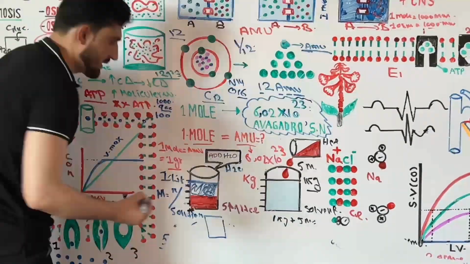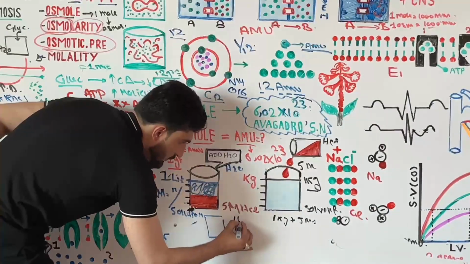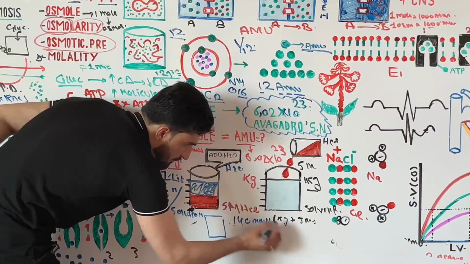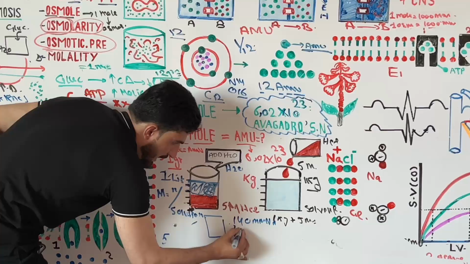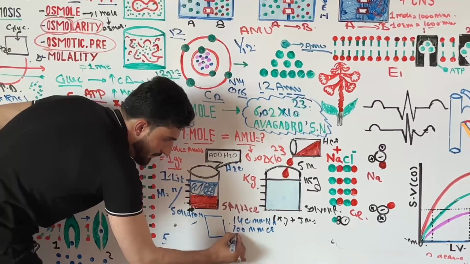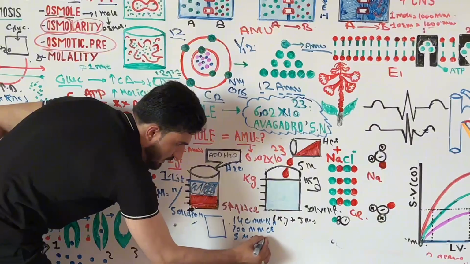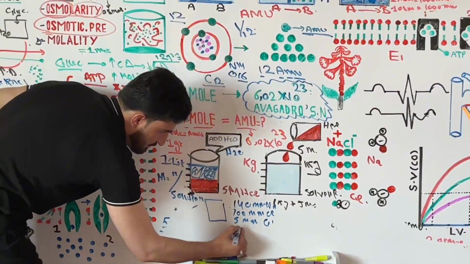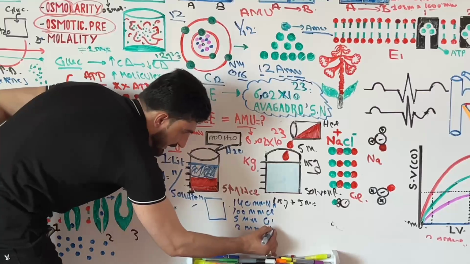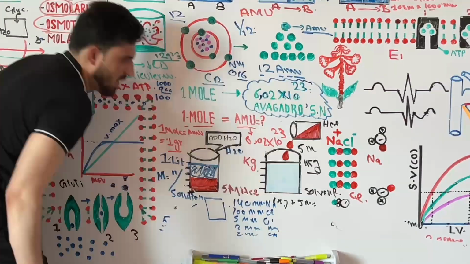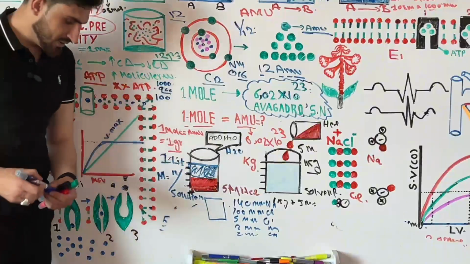In the extracellular area, I have 140 millimole of sodium, about 100 millimoles of chlorine, about 5 millimoles of glucose, about, for example, 2 millimoles of magnesium, about 2 millimoles of calcium, and also some other things.